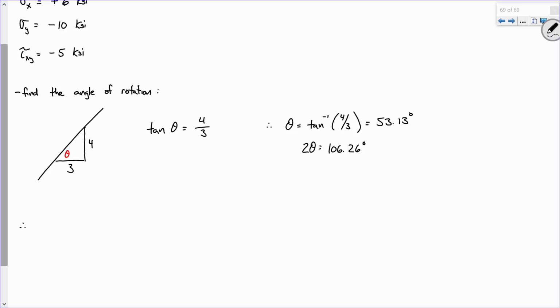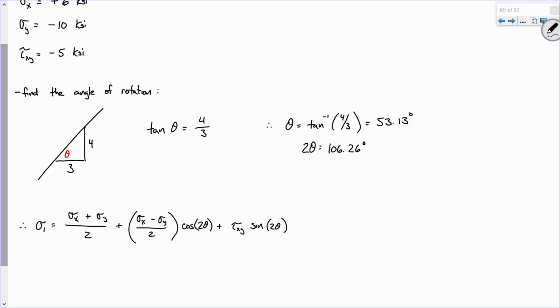So sigma sub 1 is, and it's plug and chug, sigma x plus sigma y over 2, plus sigma x minus sigma y over 2 times the cosine of 2 theta, plus tau xy times the sine of 2 theta. Again, it's our same trig definitions that we derived before, and from here on out, it's plug and chug.